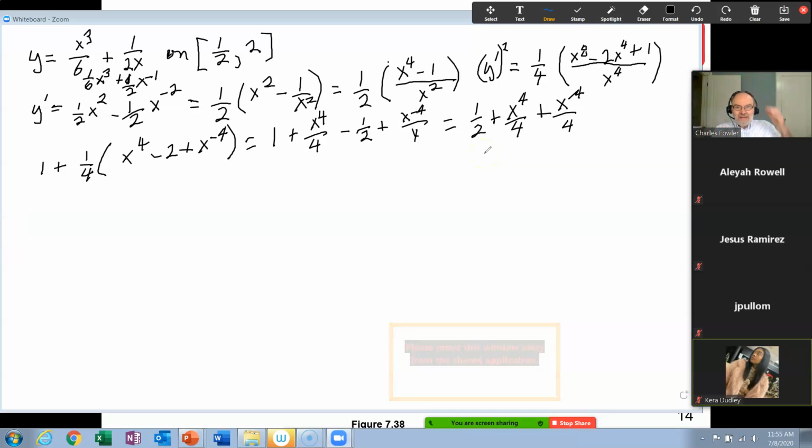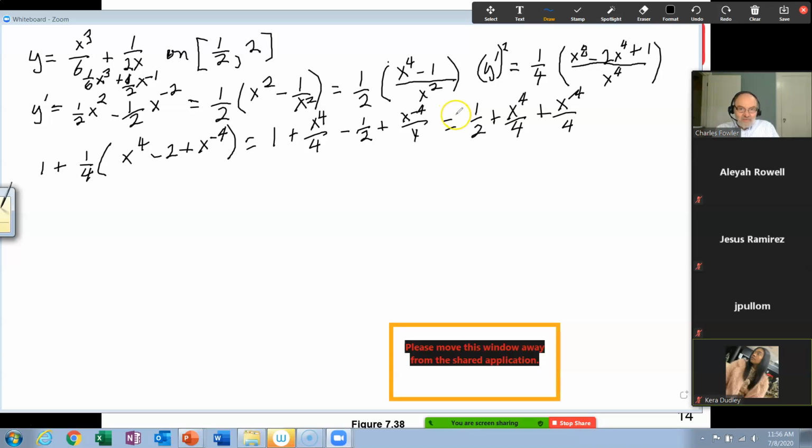So I'm going to put it underneath the radical. Okay. So let's take the square root of that. Now, I want to point something out to you.